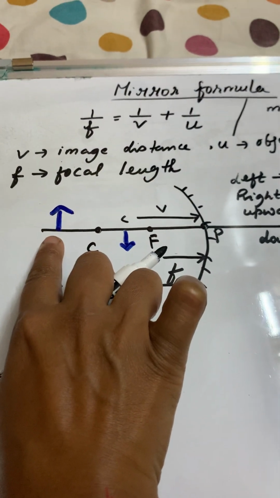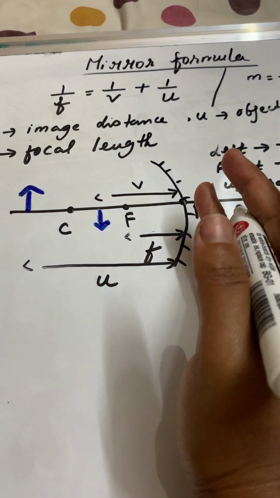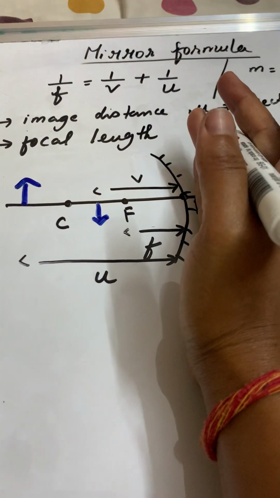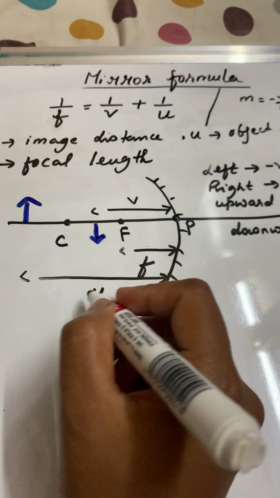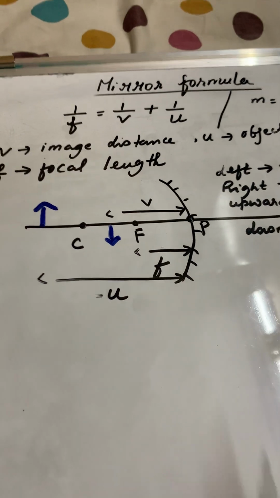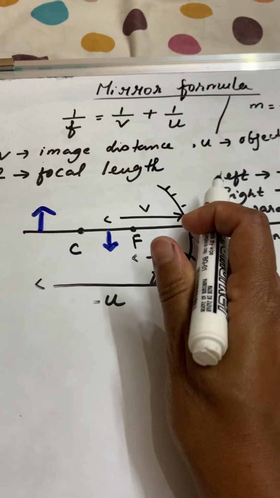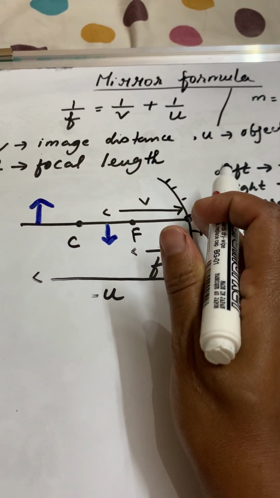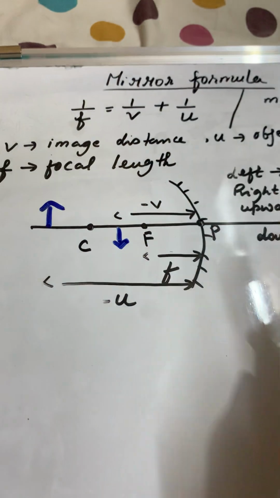Now let's take this case, where the object is on the left side or on the right side. All the measurements have to be from the pole. From the pole, the object is on the left side, so it has to be negative. The image is still on the left side, so it has to be negative.